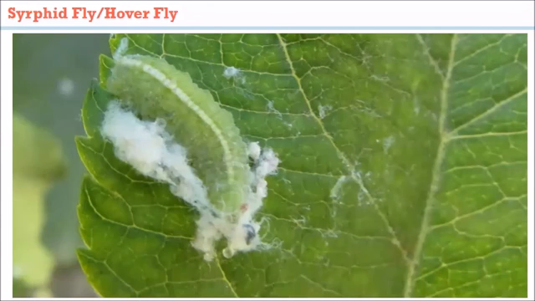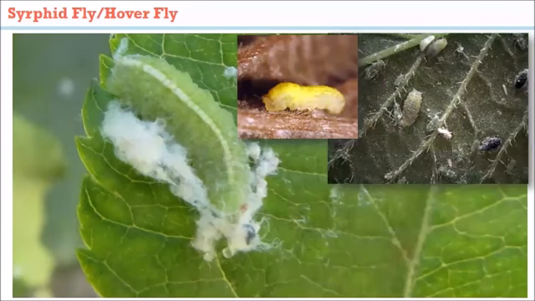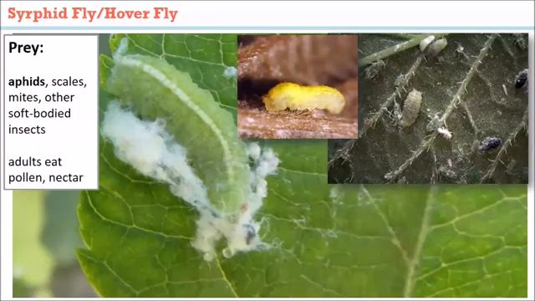All right, so syrphid flies or hover flies. Diane mentioned this as a great beneficial, but you may not really be familiar with it or even know that you're seeing it within a colony of aphids. It kind of blends in. Here's one munching its way through some woolly apple aphids, and it's a nice green color, but they can also be yellowish, though typically the olive color that blends in with the aphids is the one most commonly seen.